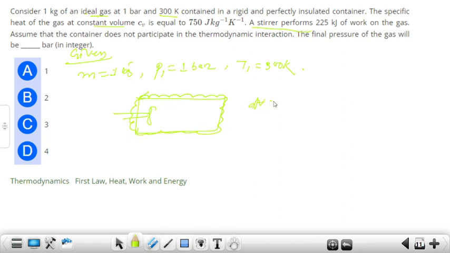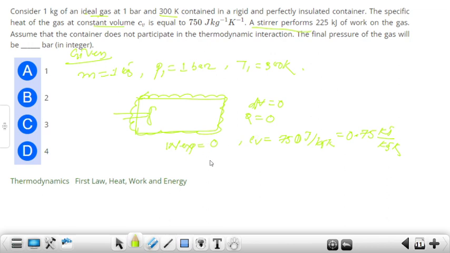That means change in volume is equal to 0. Insulated means heat transfer is 0. So work done in expansion, since volume change is 0, is 0. And given Cv, constant volume specific heat, is 750 joule per kg Kelvin, that is equal to 0.75 kilojoule per kg Kelvin.